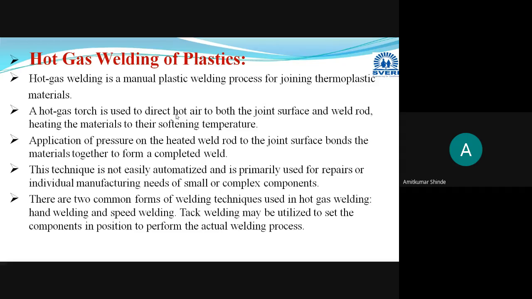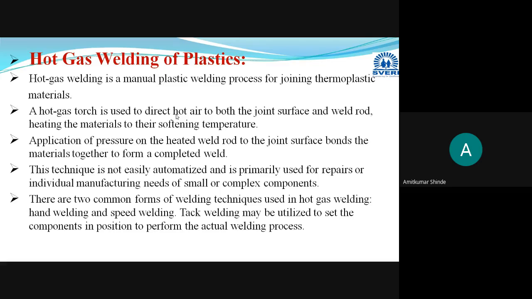So these are some important points I am telling you. And then after this, some basic preparation we have to do. This method is only used for joining thermoplastic materials, and the hot gases are heated or their temperature is maintained around 200 to 350 degrees Celsius. In this range you have to maintain it.